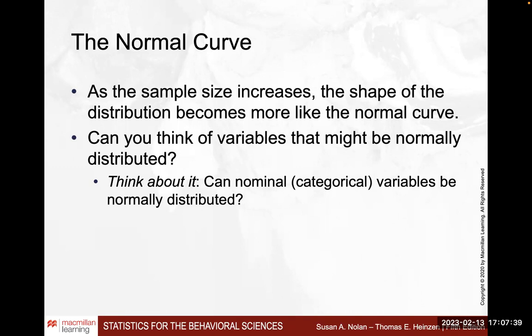Then the question the textbook wants to show you: can nominal categorical variables be normally distributed? The answer is, well, it's not impossible, but it's likely not the case, because you have arbitrary definitions.